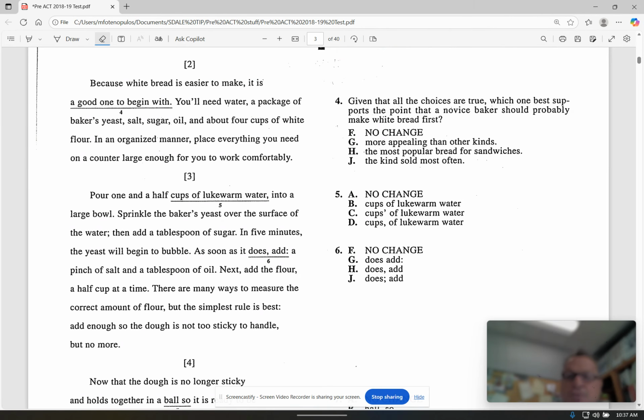Number 4, given that all the choices are true, which one best supports the point that a novice baker should probably make white bread first? Well, they've already told you that because it's the easiest one to make. It's more appealing than other kinds, the most popular bread for sandwiches, the kind sold most often.